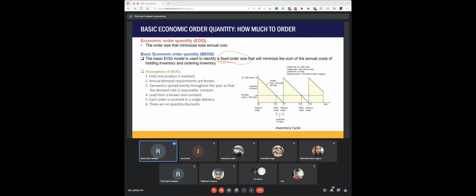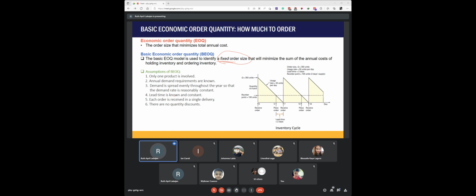Now, in a basic economic order quantity, we have to make several assumptions. We have 6 assumptions. The first one, only one product is involved. We cannot mix products. The second one, annual demand requirements are known. You must know the demand every year. The third, the demand is spread evenly. The demand rate is constant, so you know how much is consumed in a certain period.